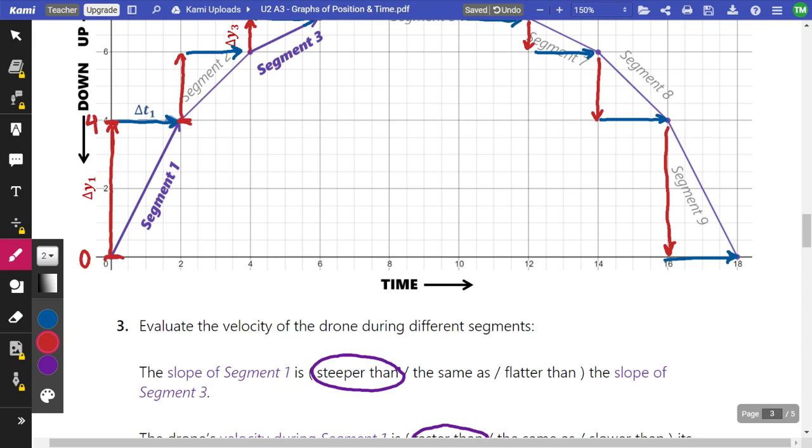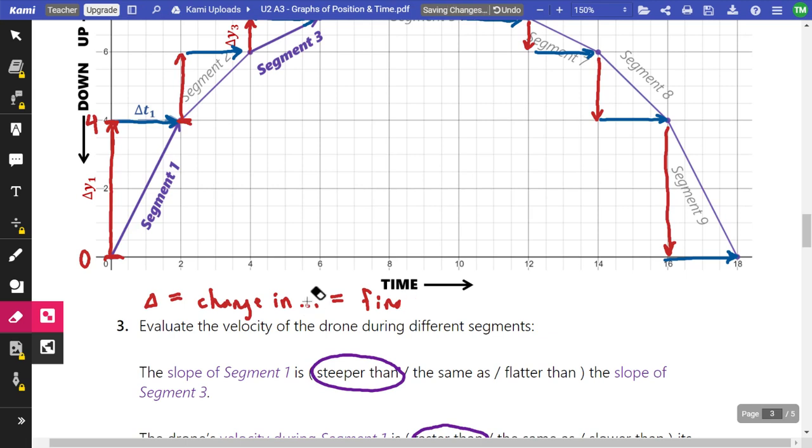If you want the official way to calculate a displacement like this, or any change, this delta, this triangle symbol, just means a change in something. You take the final value minus the initial value.